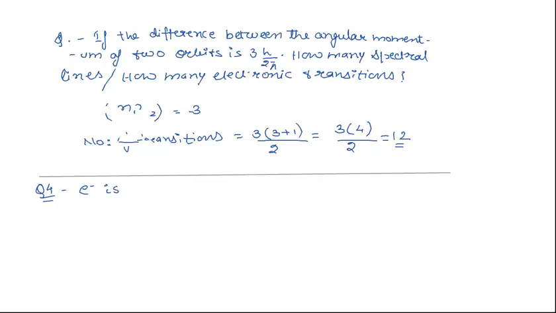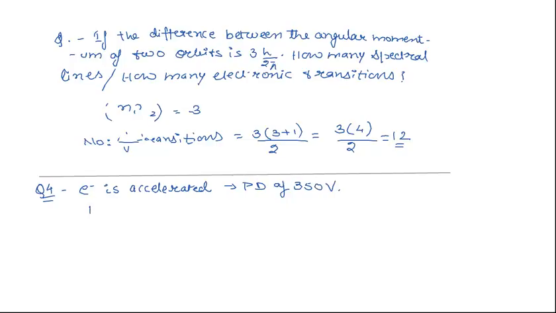The electron is accelerated by the potential difference of 350 volts.